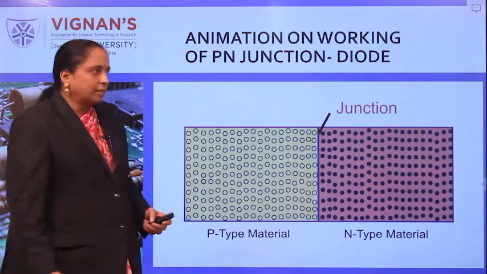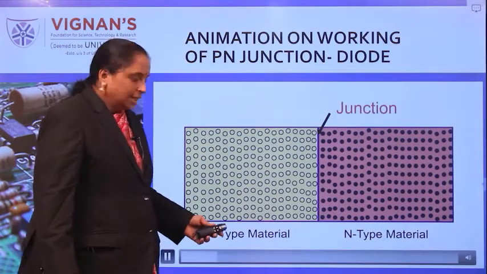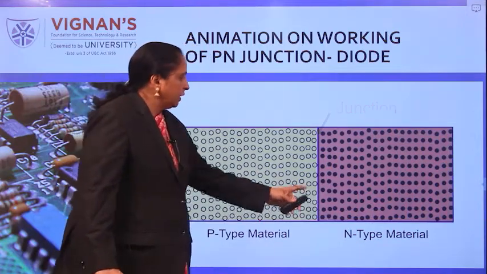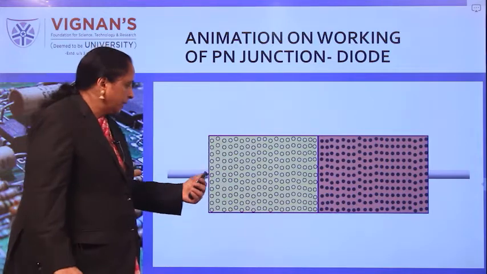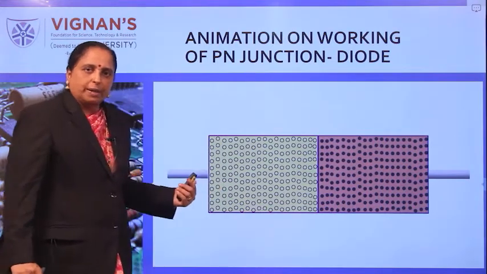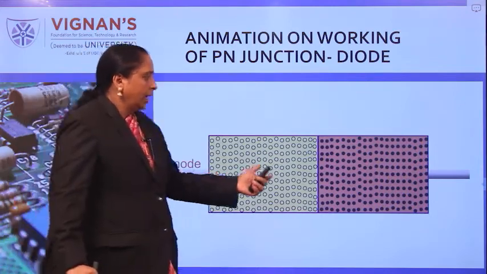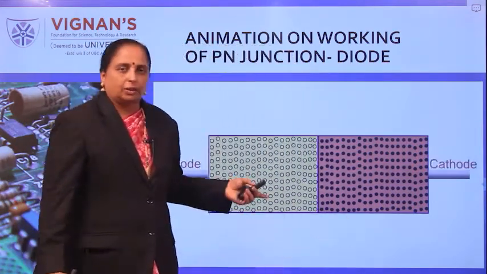This is the P-type material, and this is the N-type material, and in between there is a barrier. The P material side is considered as the anode, and the other side, the N material, is considered as the cathode.